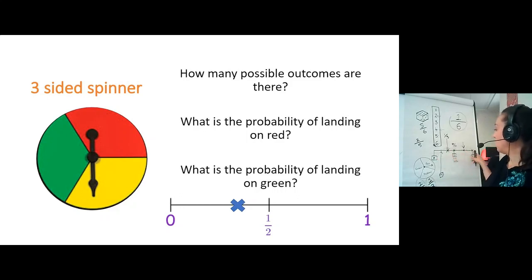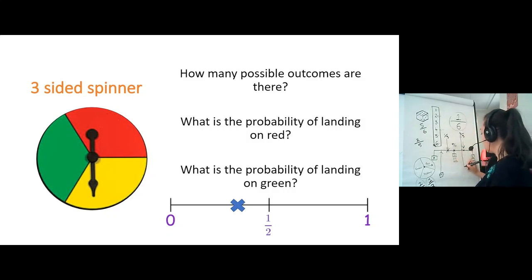You need 2/3, which is a percentage of about 66.66 recurring percent. So if you split your bar into thirds, it's about here. So 2/3 will be about here.